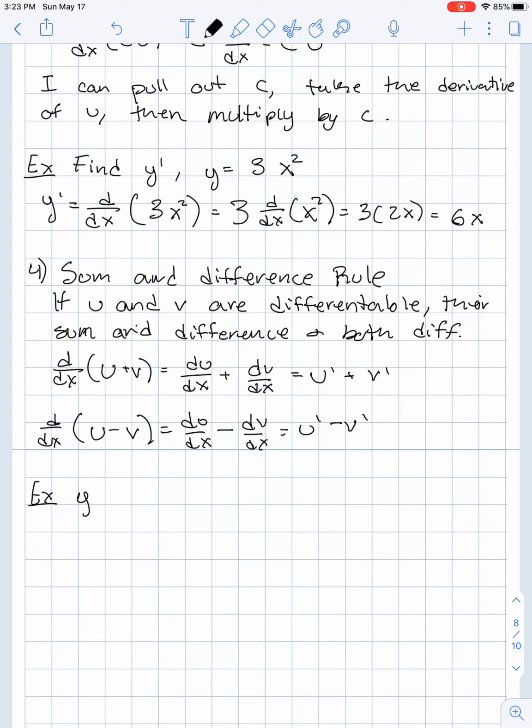So a fun example of that, we're again asked to find y prime when y equals, what does it equal? Where'd it go? Oh, here it is. x to the 4th minus 2x squared plus 2.